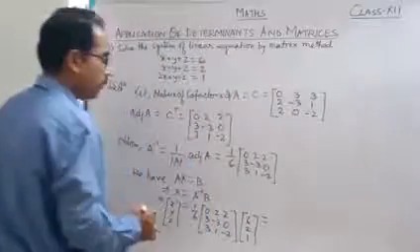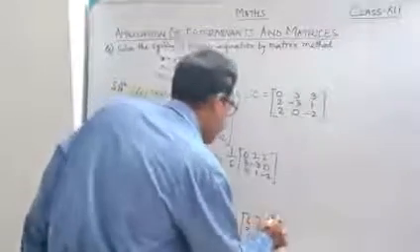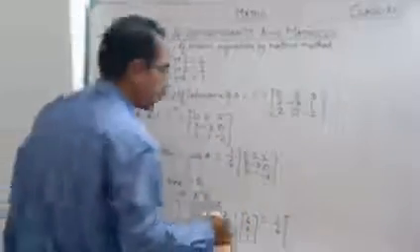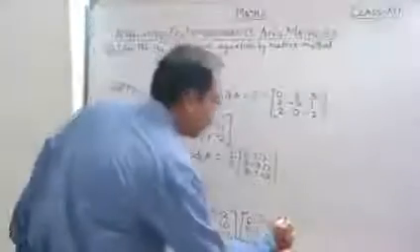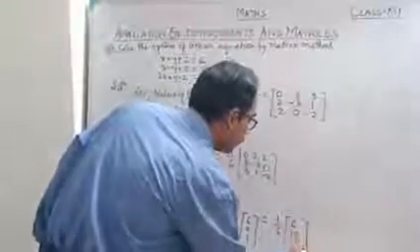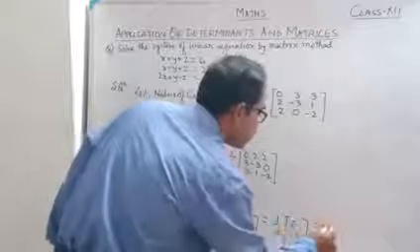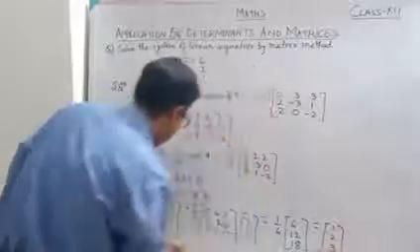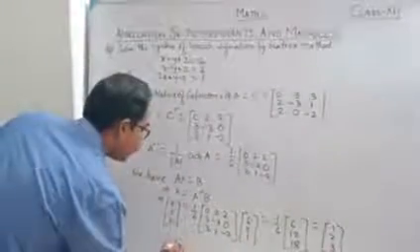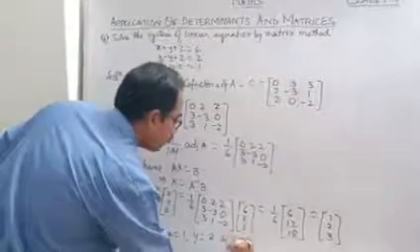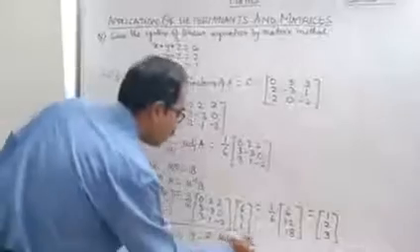So just do the calculations. 1 by 6 will stay here as it is. After the matrix multiplication, we will get 6, 12 and 18. So 6 by 6 is 1, 12 by 6 is 2, and this is 3. Therefore x equal to 1, y equal to 2 and z equal to 3. So this is the final answer.